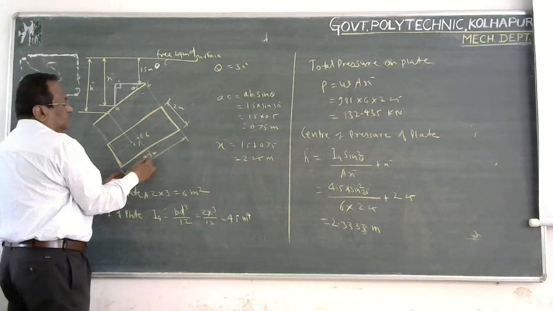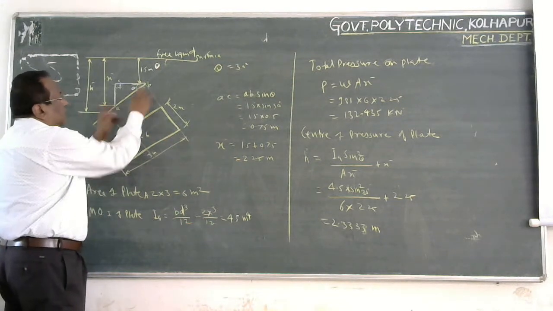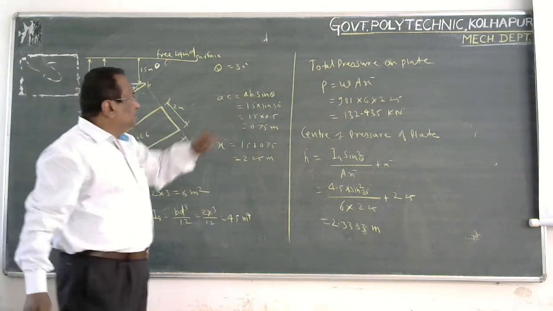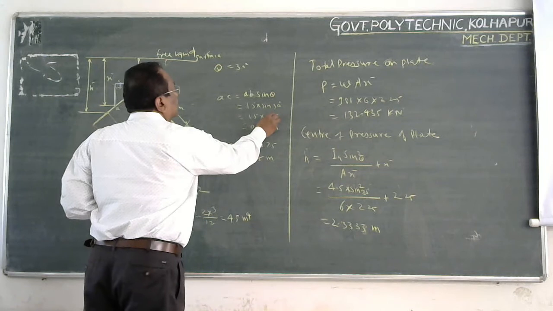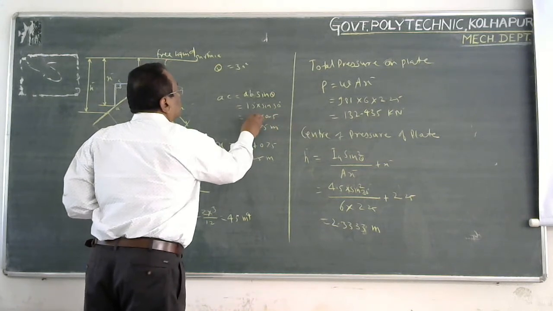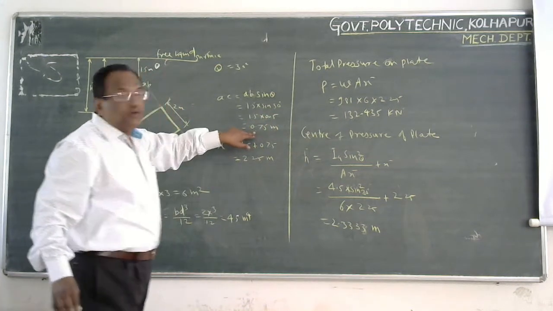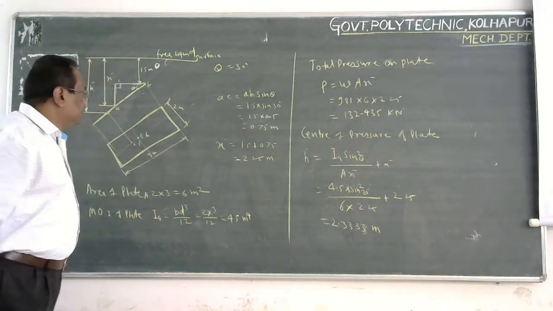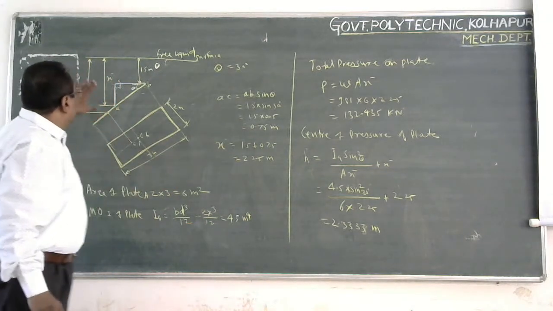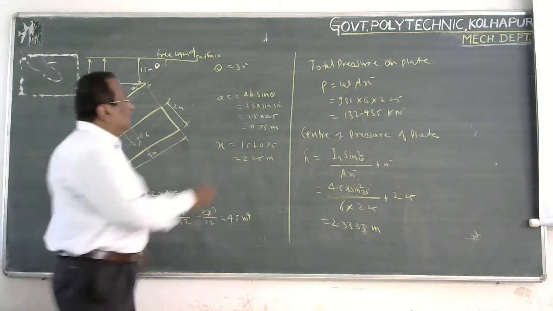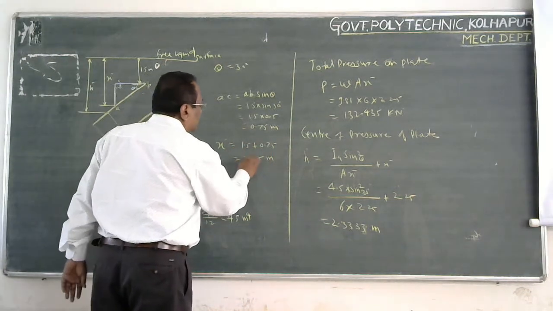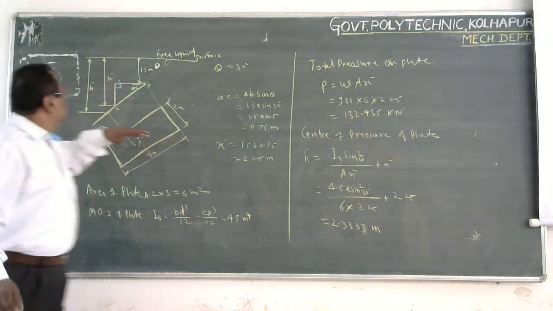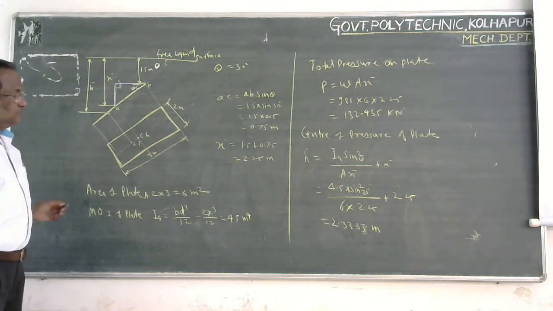The full length is 3 meters, so AB will be 1.5. 1.5 multiplied by sin 30. Sin 30 is 0.5. So 1.5 multiplied by 0.5 will be 0.75. So x bar comes out to be 1.5 plus 0.75, that is 2.25 meters from the free liquid surface.